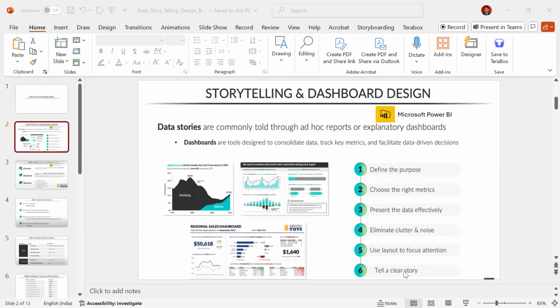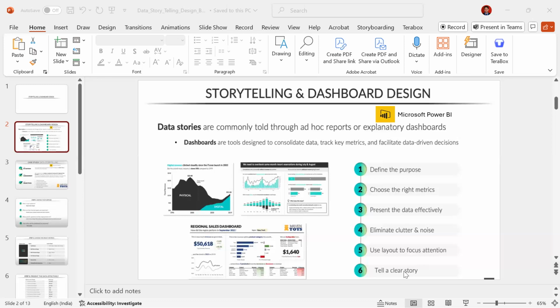Which things do I need to focus on, which KPIs or metrics do I need to follow? There are many things that come into the picture here, because I need to have knowledge not only of selecting the right chart or dashboard, but I also should know what the right metrics are, how I can present the data in different ways, and which chart I need to use for which purpose.